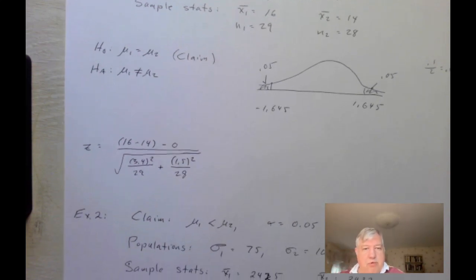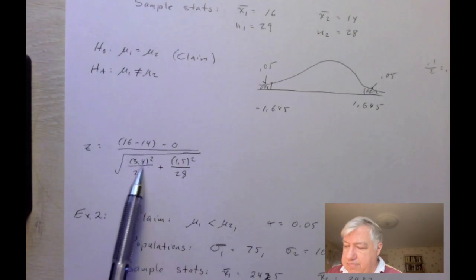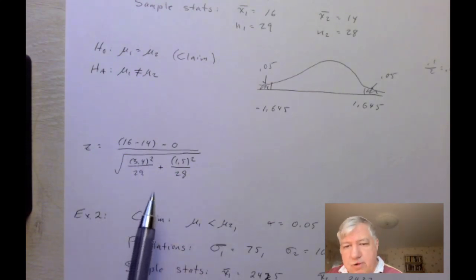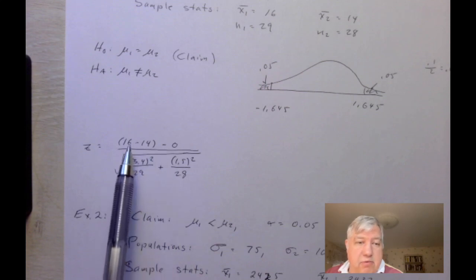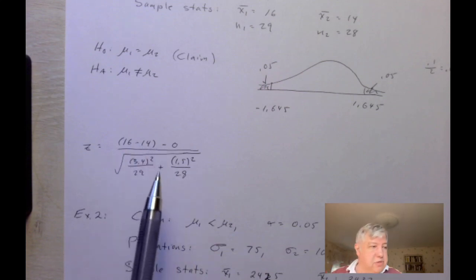Make sure you do this carefully on your calculator. What I like to do is compute this sum first, then take the square root, then take the reciprocal, and then multiply by 16 minus 14, which of course is 2.